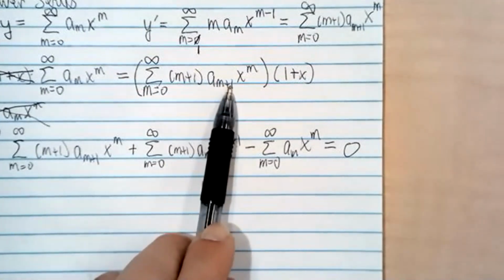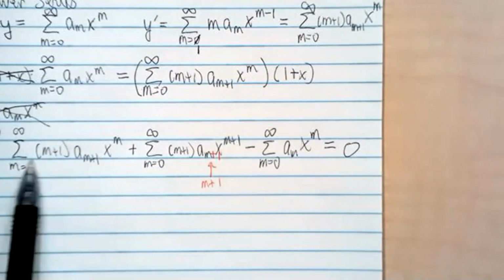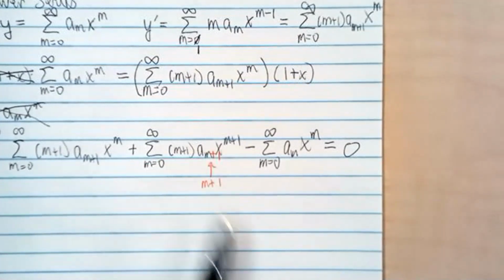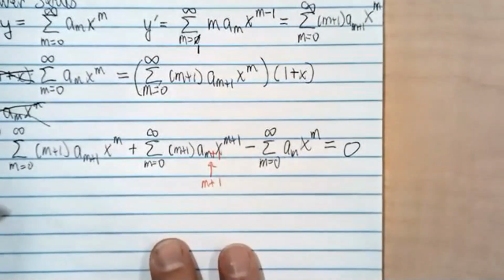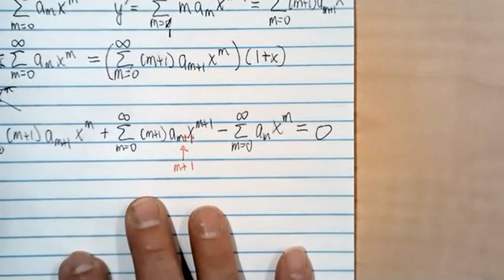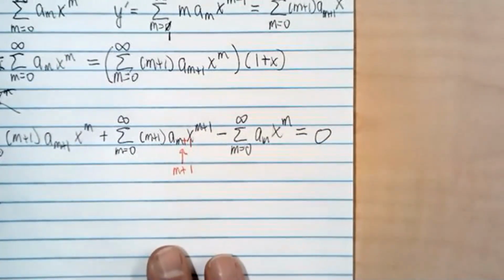This is an a_(m+1) multiplied by 1 gives this, multiplied by x gives this. That should indeed be an m plus 1. I've done enough of these that I have intuition now, so I look at it, and if it feels wrong, I go back and check.